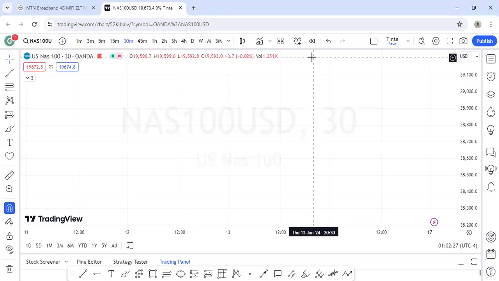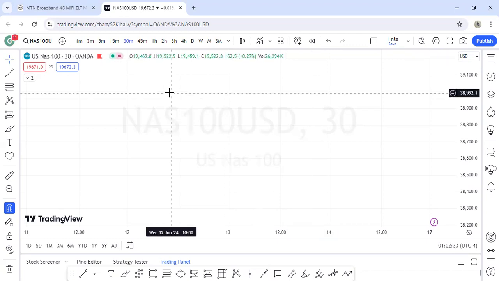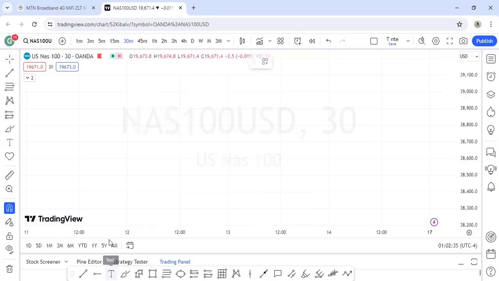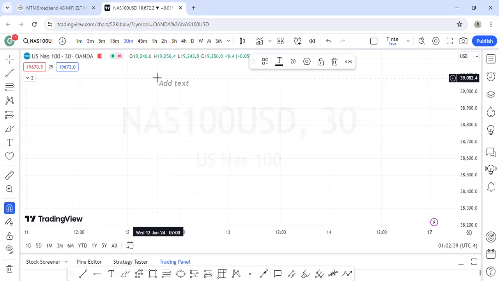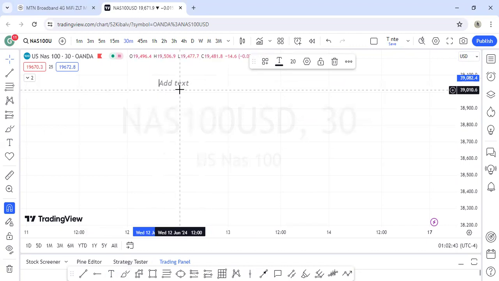So let me use this opportunity to introduce what you call an institutional candle. Some people call it an FU candle, and there are so many names they call it. This is one of the foundational concepts of my trading.